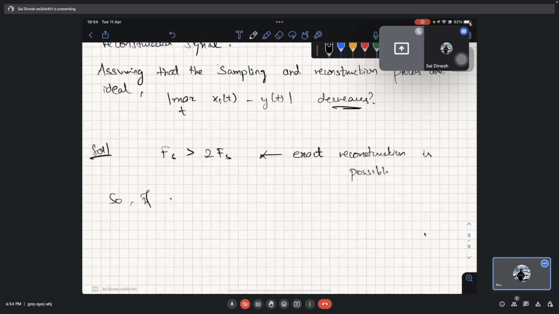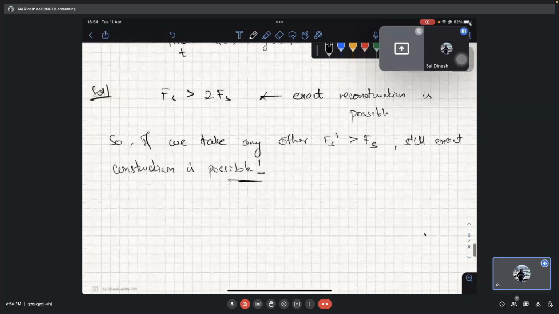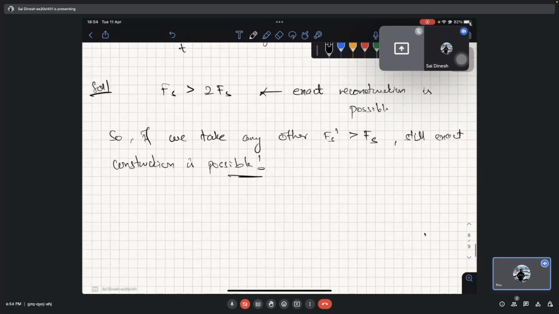If we take any other fs dash which is greater than fs, still the exact reconstruction is possible. So what happens to the difference between the original signal and the reconstructed signal?